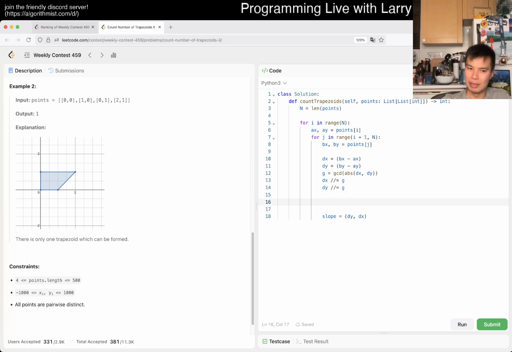I've handled negatives and stuff like that, so I'm just thinking through whether this is easier.